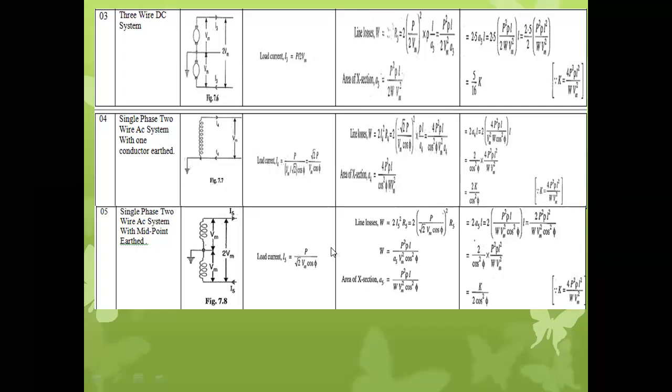Roll number 21, what is your answer? Yes, it is a simple calculation. You have to do that one. Yes, tell me.